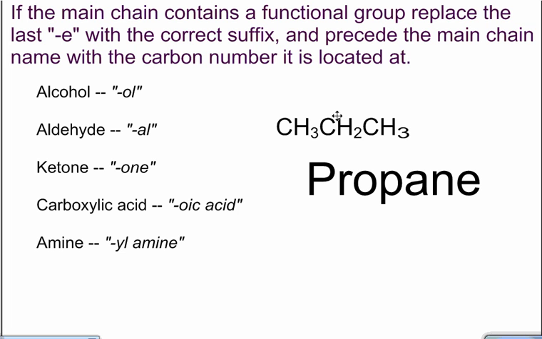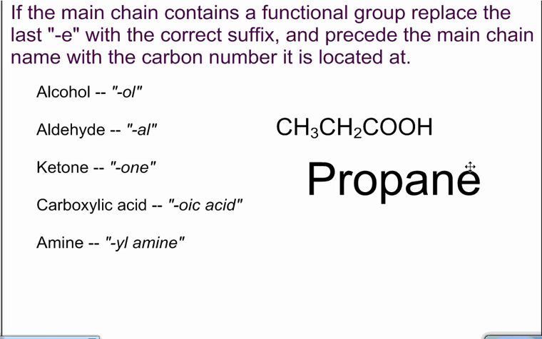If you have propane and instead you end up with an aldehyde, then propane becomes propanal. If you have a ketone, then propane becomes propanone. Well, you get the gist.